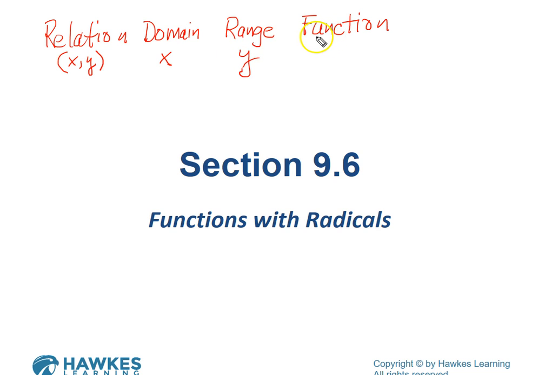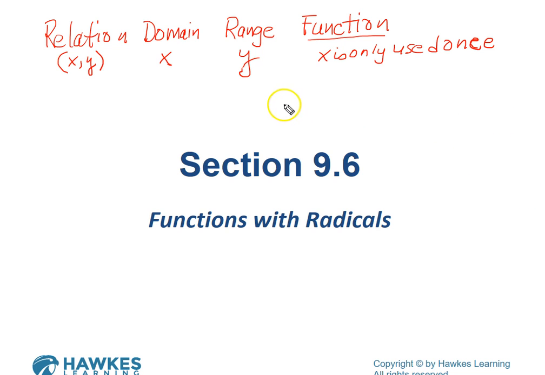And we said something is a function if the x value is only used once in a series of relations. Okay, so that's just a little quick review as to where we're going.